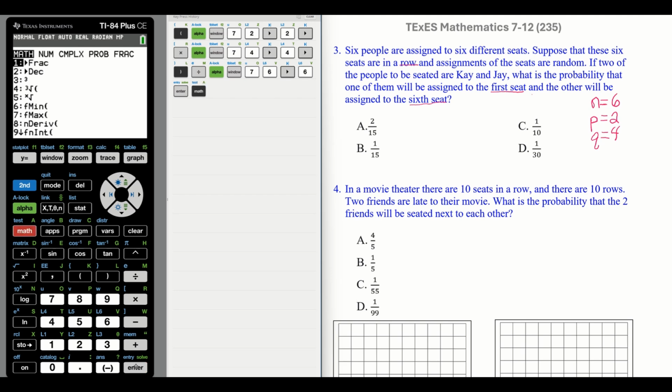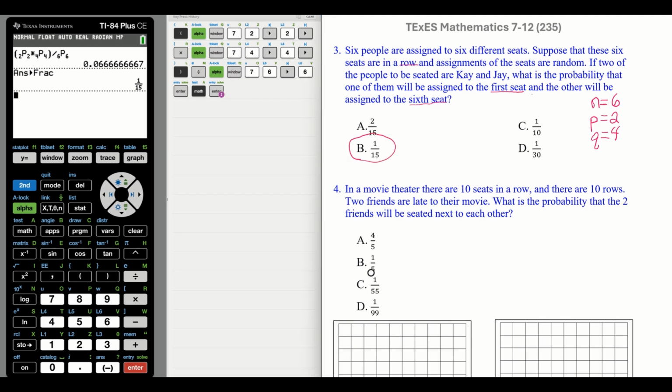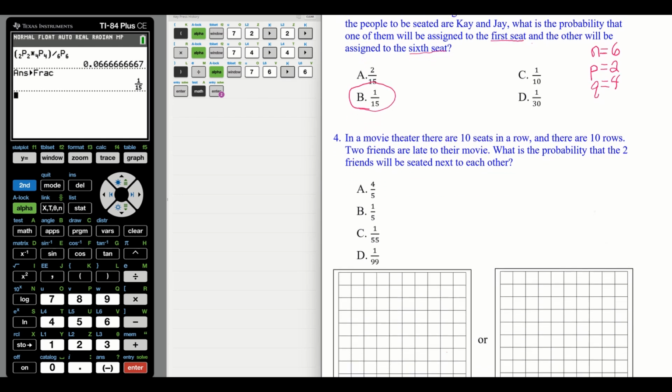So it's math, enter, enter, 1 out of 15. Now, if you're curious, if you haven't watched other videos, we are using parentheses for the numerator created because of order of operations. Now let's go to the next option.